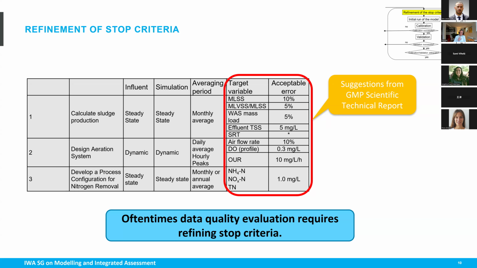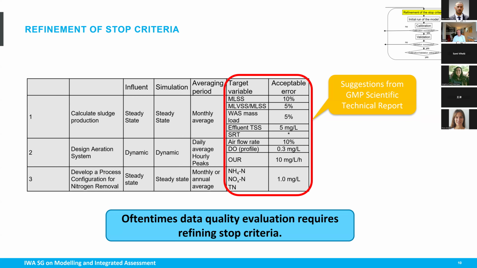You select certain target variables and you define, okay, this is the accuracy I want. When you start with your calibration step, you already went through your data and you will refine. The table here is from the GMP work.